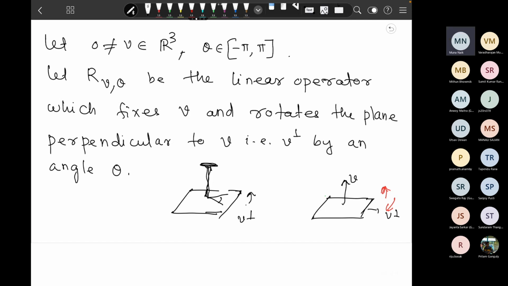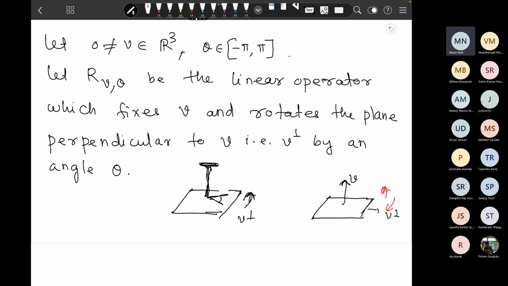So what I'm saying is, you have to assign a direction of rotation which is positive. For that, in place of v, you fix a screw and rotate it in a direction. If in that direction the screw comes out of the plane, then that direction is positive.